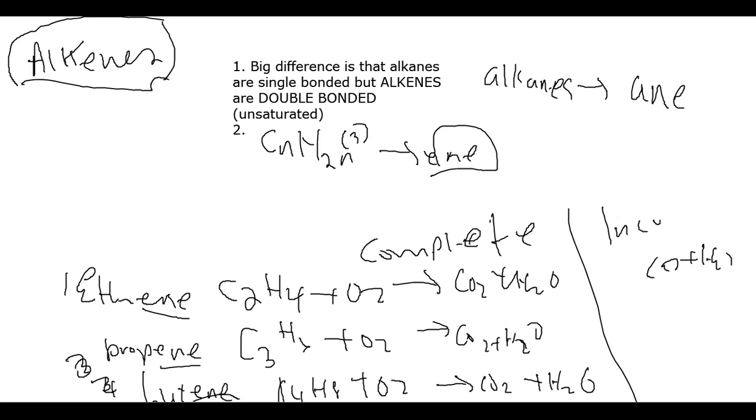The first reaction we have with alkenes, and this can be found on page 96, is halogenation again. This reaction of ethene and bromine water is also the test to see if it's an alkene.